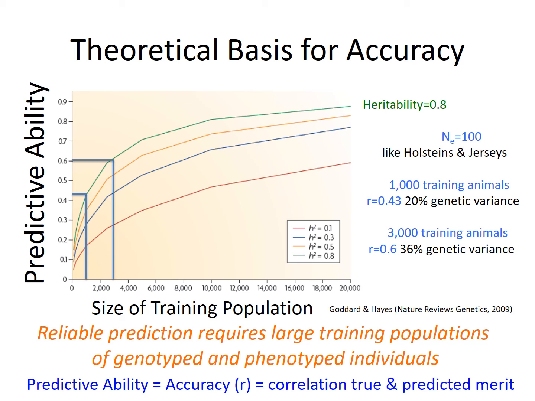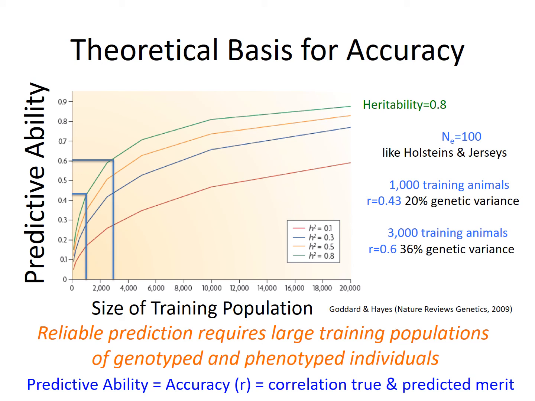If we wanted to explain 36% of the variance, we'd need a correlation of 0.6, and that would require 3,000 animals. So reliable prediction requires a large training population of genotyped and phenotyped individuals to work out which genotype regions are favourable and which ones are unfavourable.